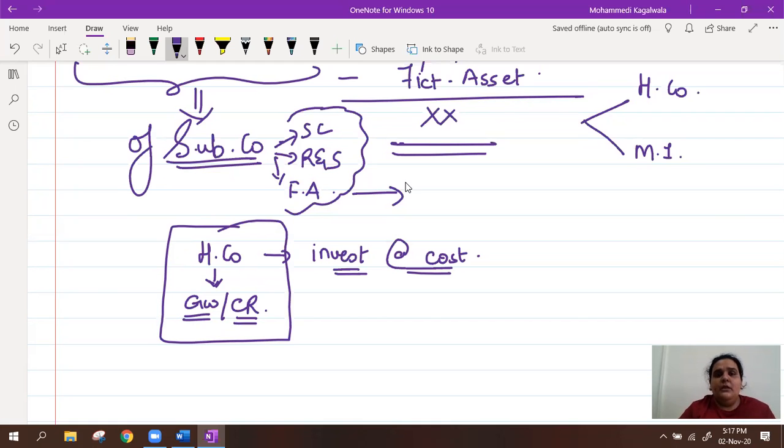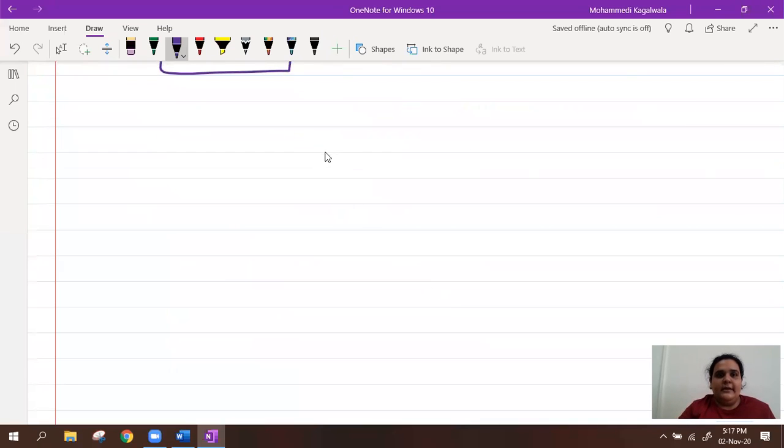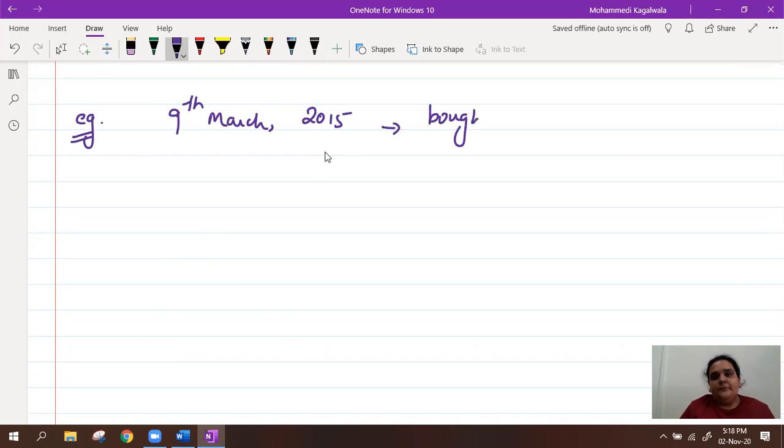Okay. Now, just taking you all to a little conceptual idea of how we will be finding this goodwill or this capital reserve. Say, for example, on 9th of March 2015, I bought one share, only one share, of rupees 700.